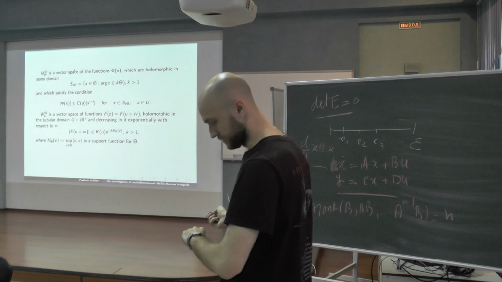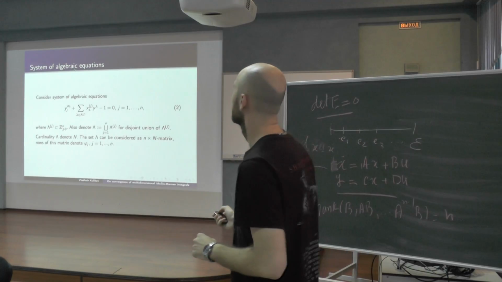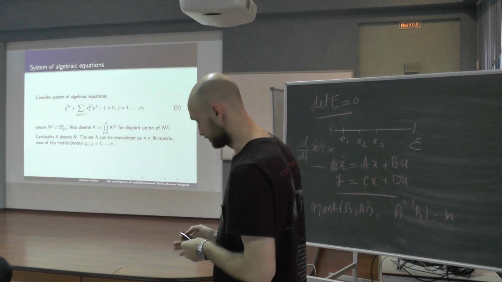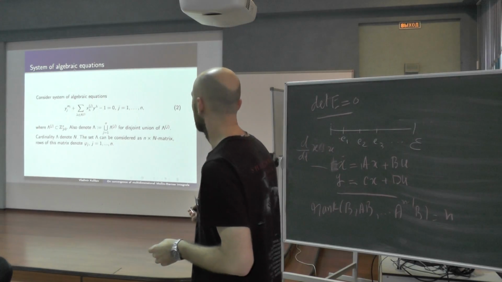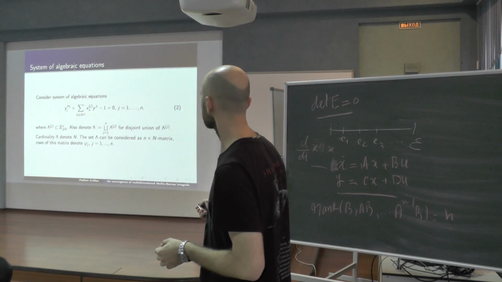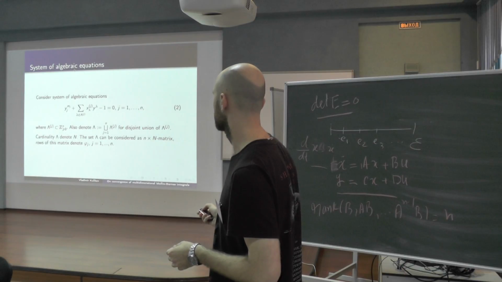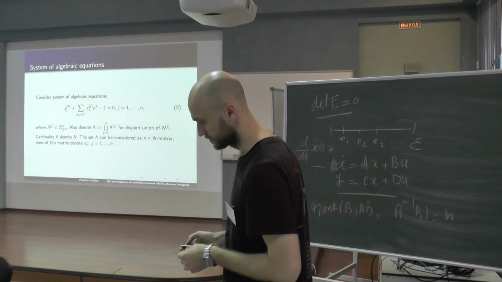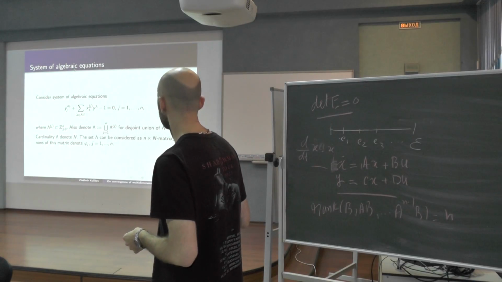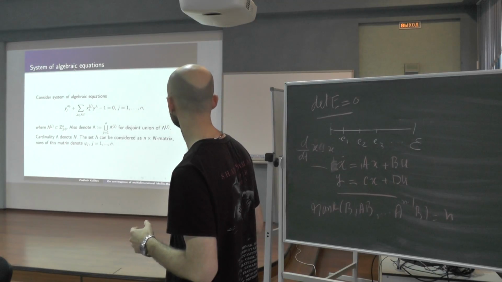Okay, let's consider a system of algebraic equations of form 2. Here, the set lambda is a subset of integer vectors, and also denote lambda is the disjoint union of lambda j.